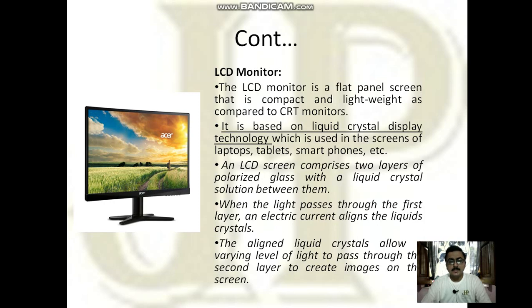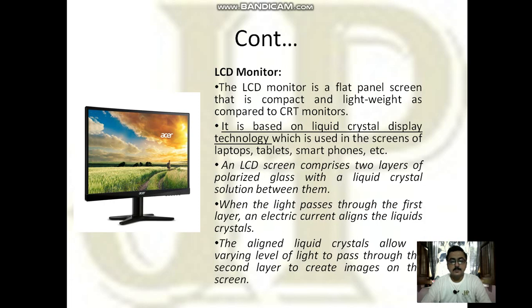When the light passes through the first layer, an electric current aligns the liquid crystals. After that, the aligned liquid crystals allow varying levels of light to pass through the second layer to create images.